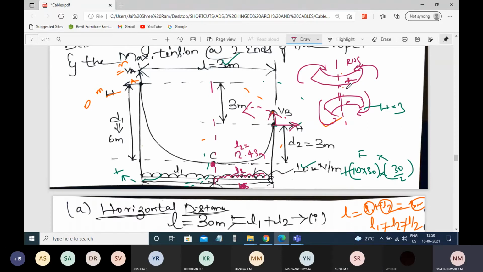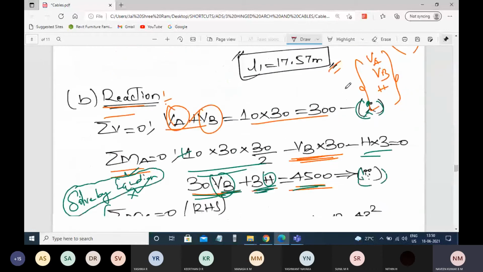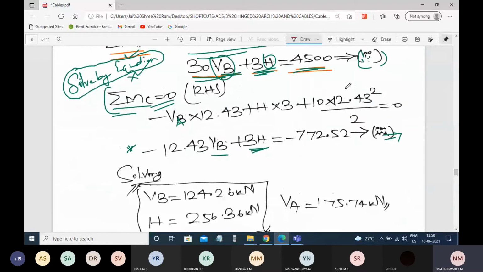So VB times of 12.43, so that you can check it over here. So here it is considered as negative because in the RHS. If I simplify, let me write it as positive only, because if I change this orientation, then this will become plus and this will become minus.